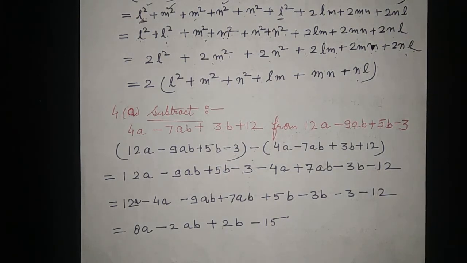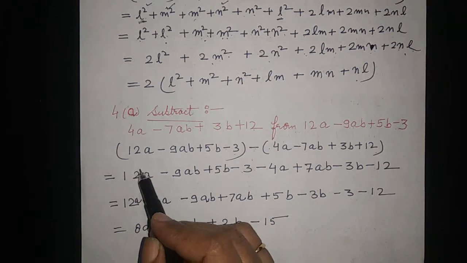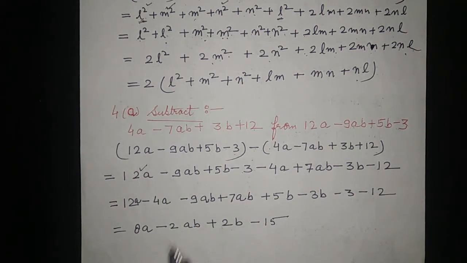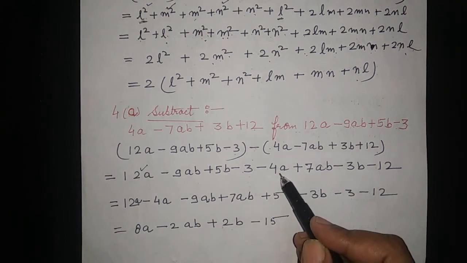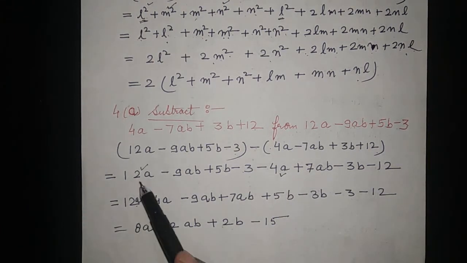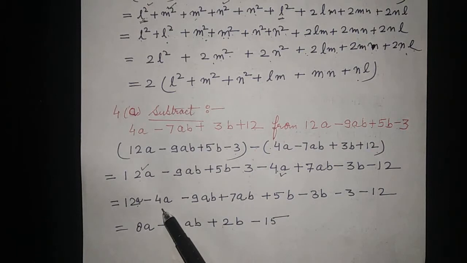And just like the previous part, the fourth part of question number 3, we will collect the like terms. So, first term is 12a. Like 12a, which term can you see here? This, 4a. So, 12a minus 4a you will write.